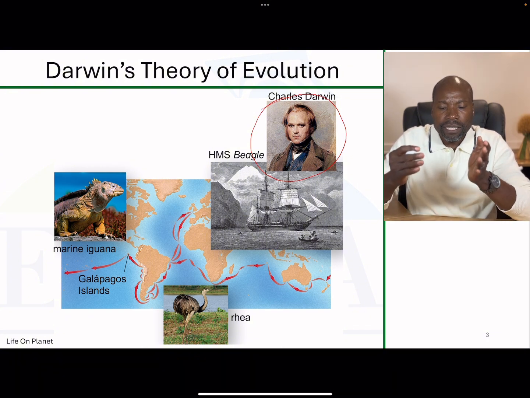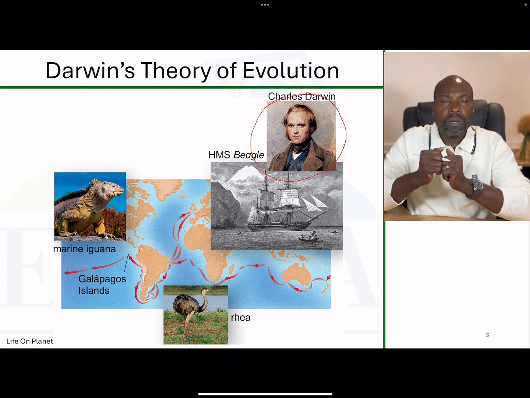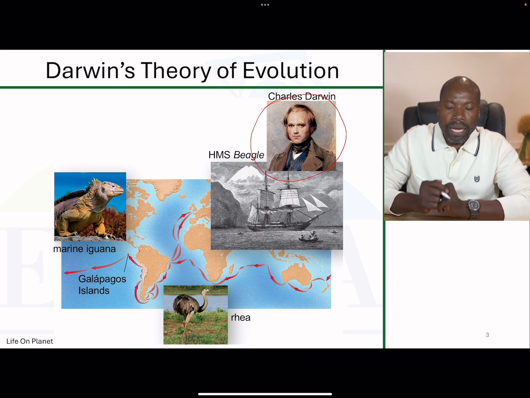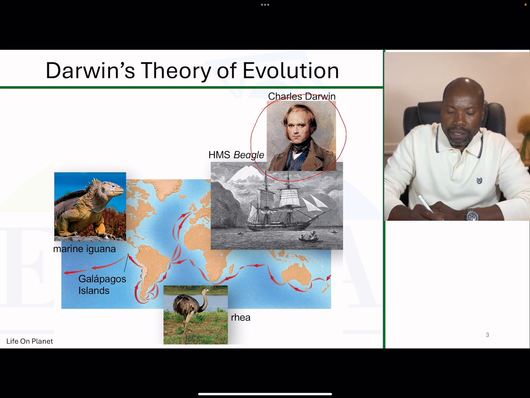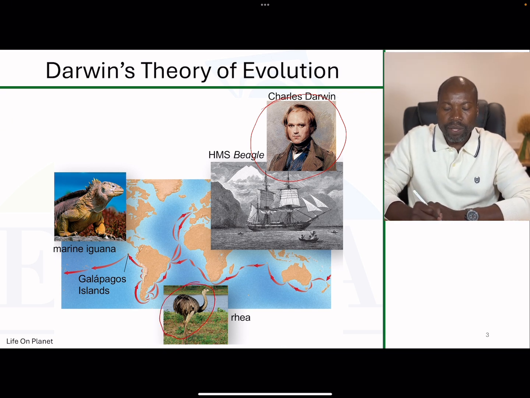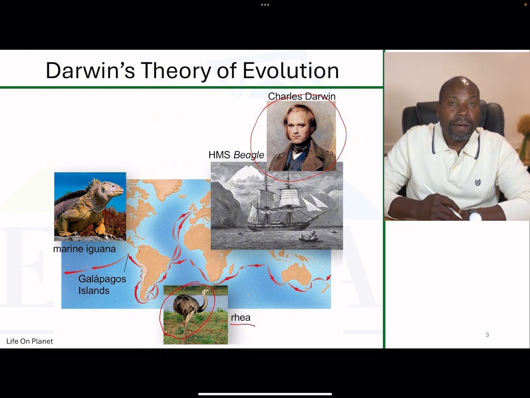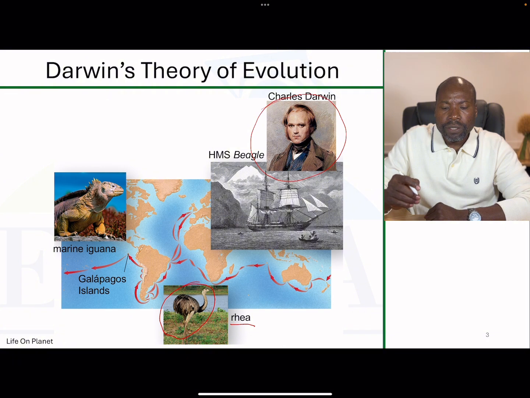The observations he made were that an organism such as the rhea that is found in South America was interestingly similar to the ostrich that is found in South Africa, right?